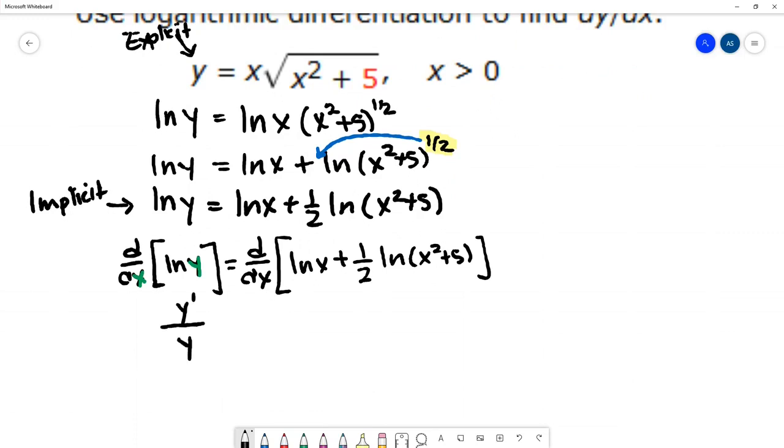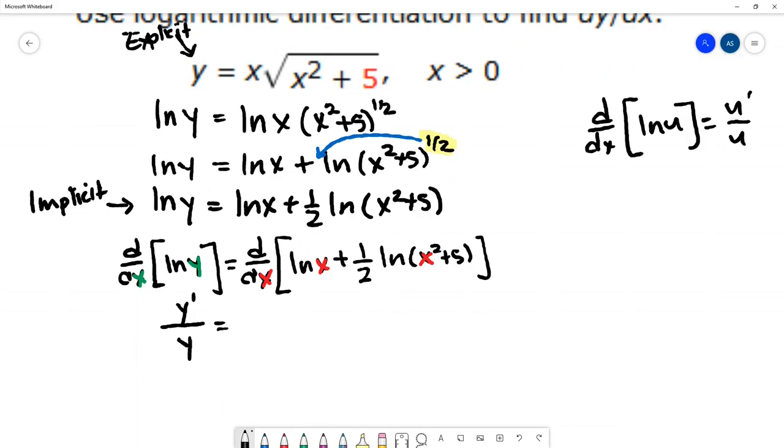We have y prime over y, using the derivative rule for natural log. The derivative rule for natural log is: the derivative with respect to x of natural log of u is u prime over u. Now on the right-hand side, we're taking the derivative with respect to x, and the variable used is x, so we will be able to calculate the derivative.